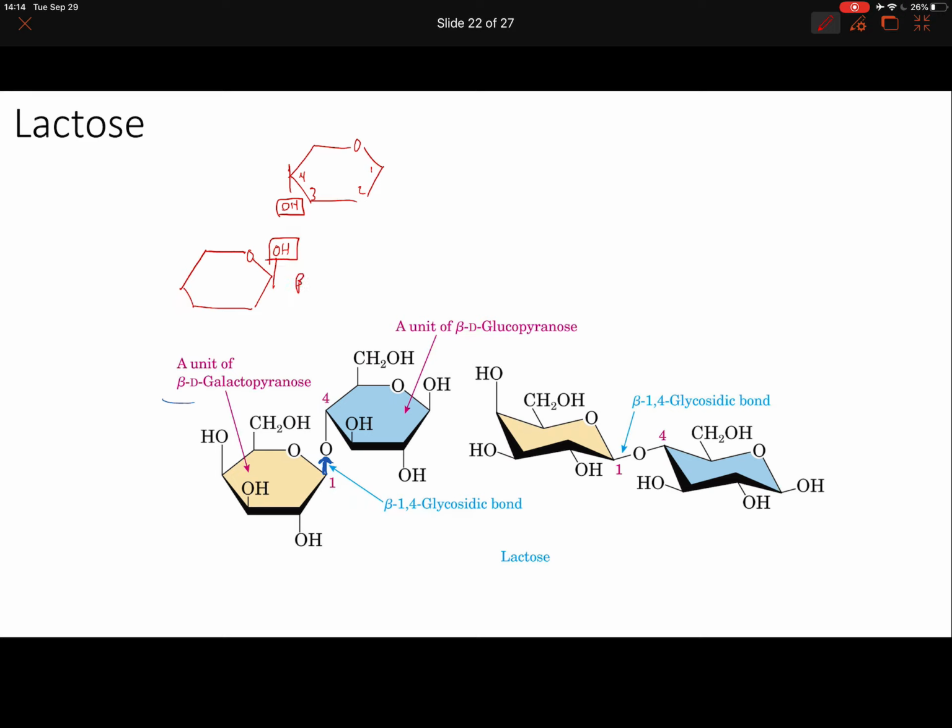So that's why this one has to be beta, so that they can form a bond. They're the right orientation. Doesn't matter what's going on over here. So we call it a beta 1,4 because it's beta from the 1 carbon of galactose to the 4 carbon of glucose. So it's a beta 1,4 glycosidic bond.